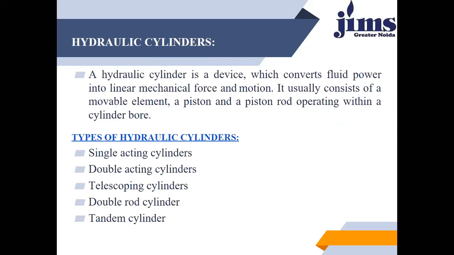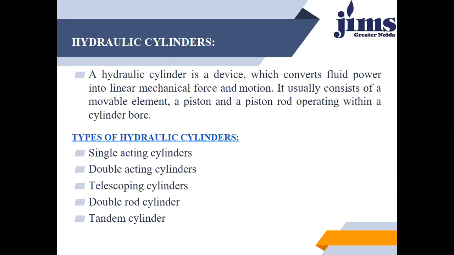So what is a hydraulic cylinder? A hydraulic cylinder is a kind of device which converts fluid power into linear mechanical force and motion. It usually consists of a movable element, a piston and a piston rod, operating within the cylinder bore. I think you are familiar with cylinder functioning.